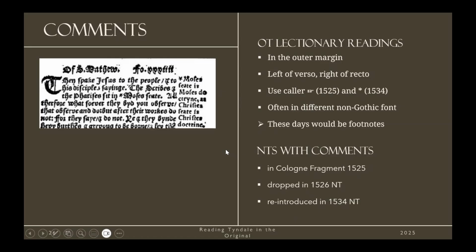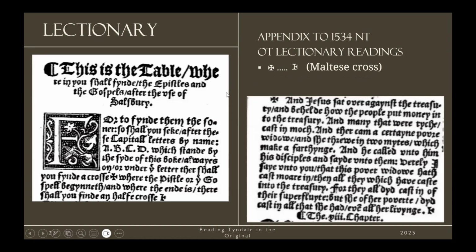The other interesting thing in the 1534 was at the back of the New Testament, he put an appendix of lectionary readings to the Old Testament. So in the New Testament, he's got a table of New Testament readings, but in the back, because he hasn't done the Old Testament yet, he actually just puts those verses in as an appendix.